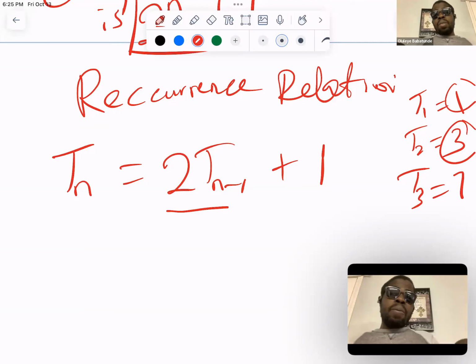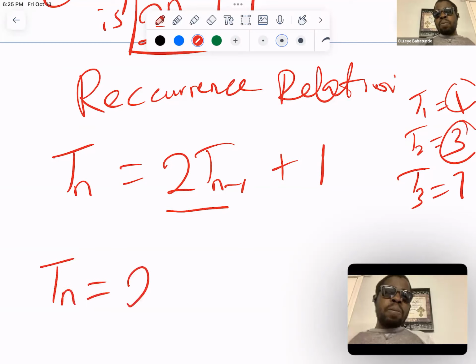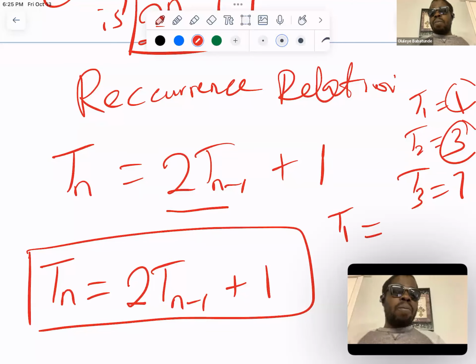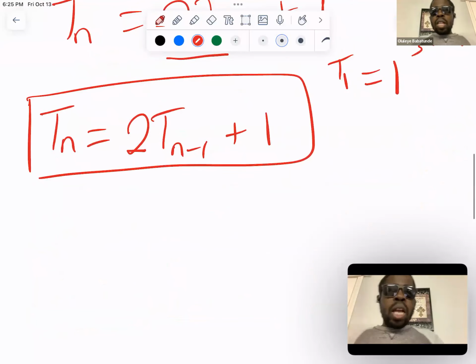So generally, the next move is going to be what? Twice the previous moves plus 1. That is a recurrence relation describing the Tower of Hanoi. And with the initial condition that when you have 1 disc, the number of moves is what? 1.